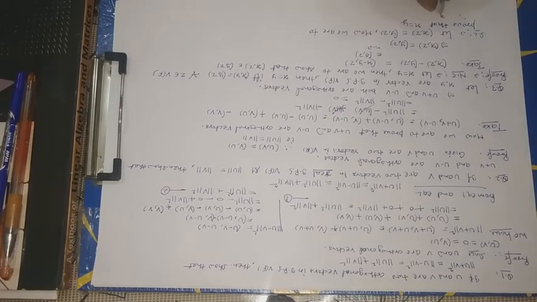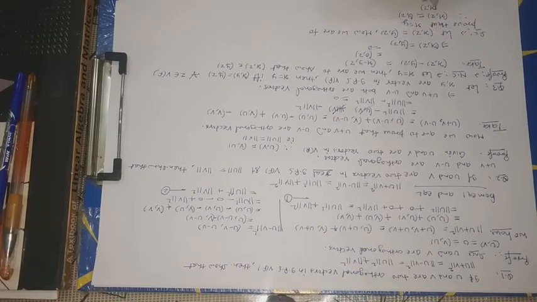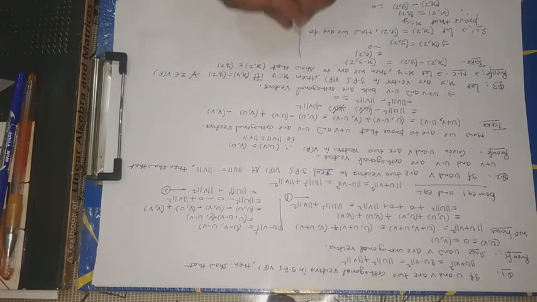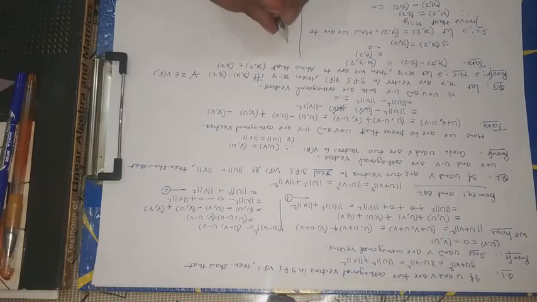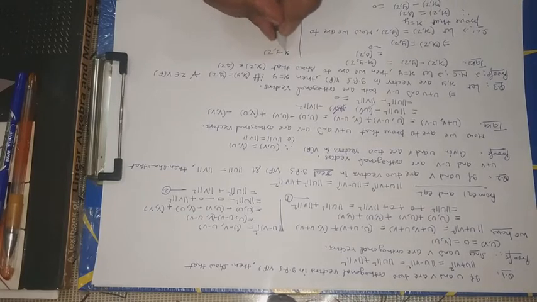Since x inner product with z is equal to y inner product with z, now x inner product with z minus y inner product with z is equal to 0. That is, x minus y inner product with z is equal to 0.